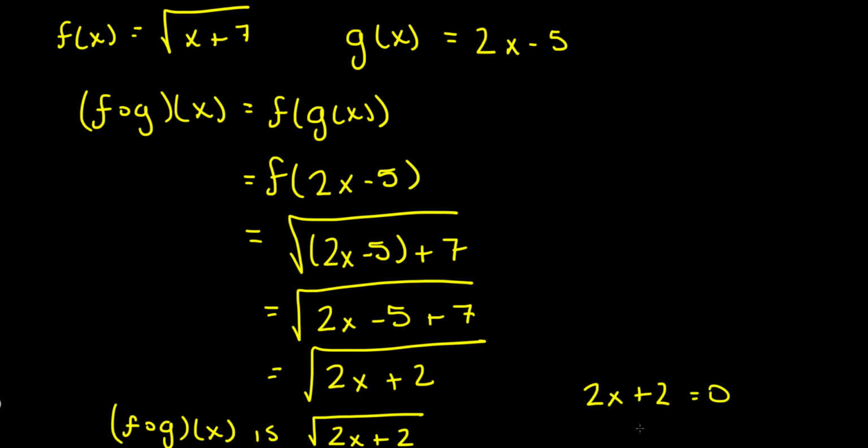I'm just going to set it equal to 0 so that I can work through this, and I get x is equal to -1. So in my case, my domain here is x needs to be greater than or equal to -1. If it's equal to -1, you have the square root of 0, and it is okay to have the square root of 0. Anything beyond that, we get into the complex numbers, and therefore we cannot be in that domain.